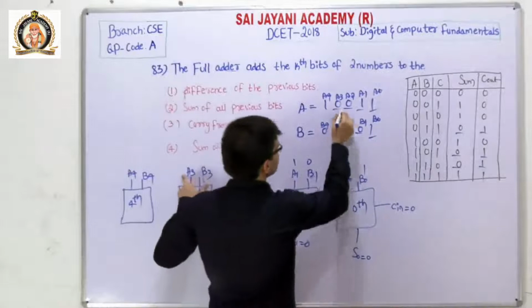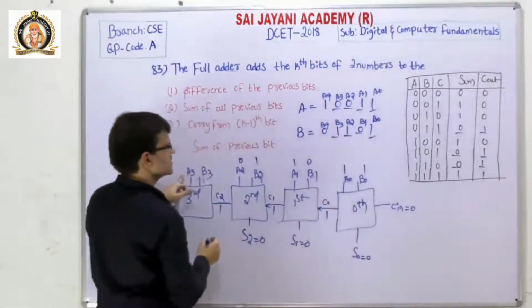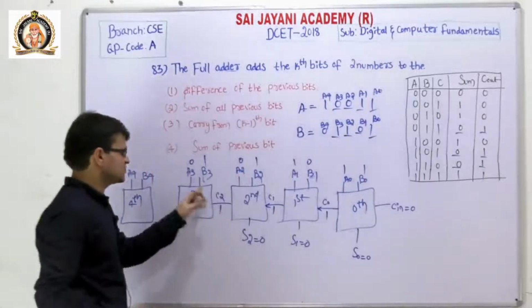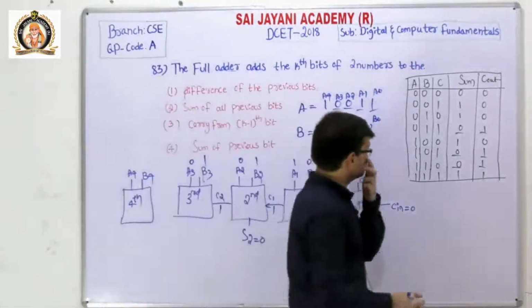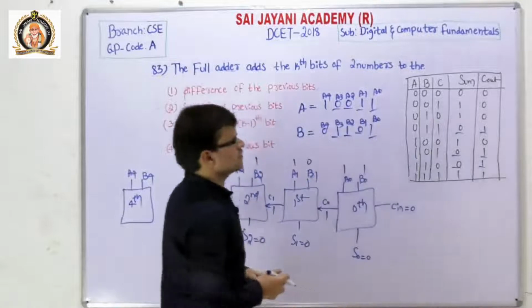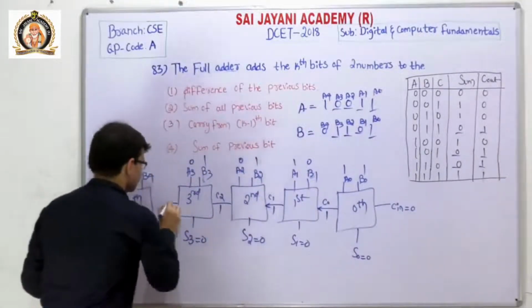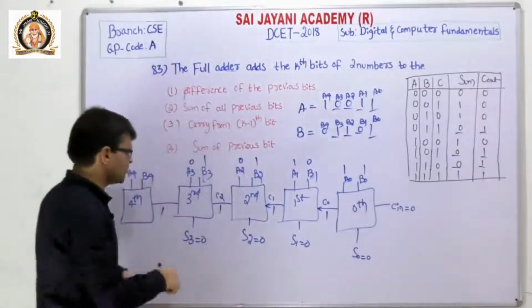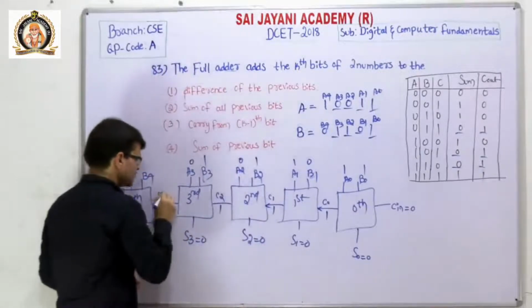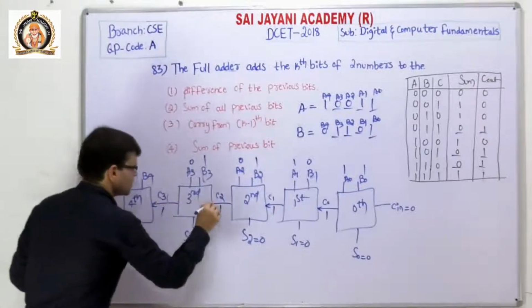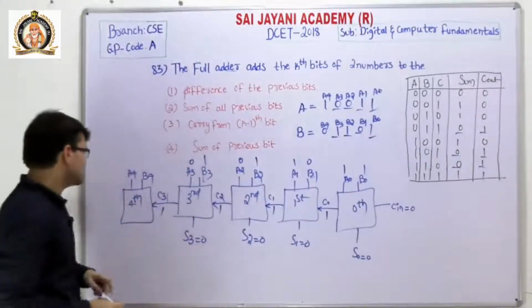For A3 we have 0, B3 1, and we already have C2 as 1. For 0 1 1 sum 0 carry 1, and this carry is generated from third full adder, so we have taken it as C3. And this is applied to the next full adder, that is fourth full adder.